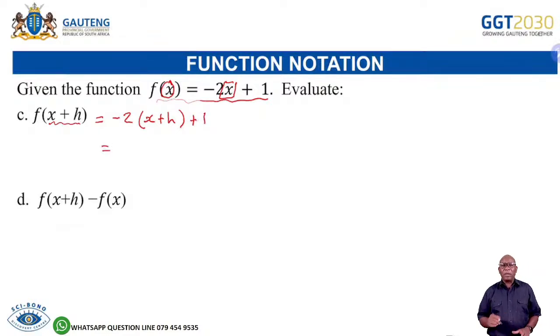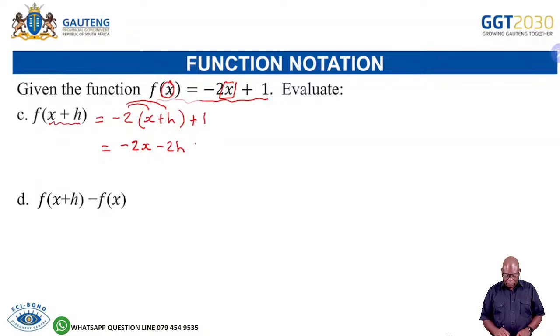Then I must use the distributive method of multiplying negative 2 times x, negative 2 times h. Then the 1, it's outside the bracket, I cannot multiply that. So I'll have negative 2x, negative 2 times h will be negative 2h. Negative 2, it's done now.